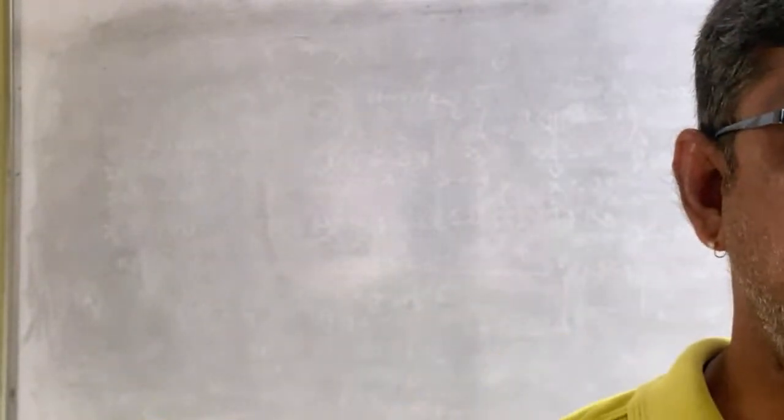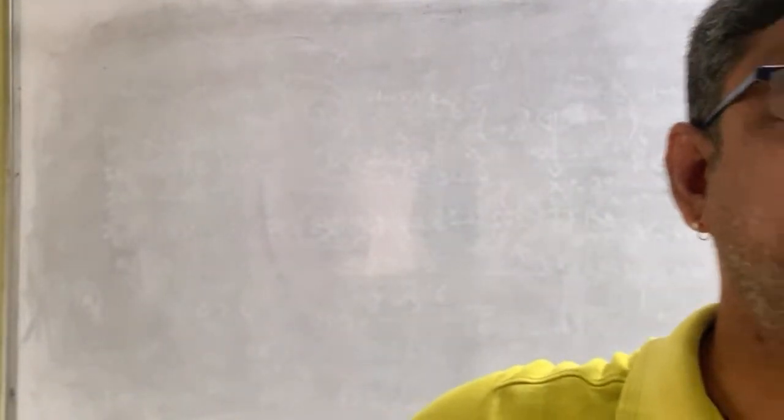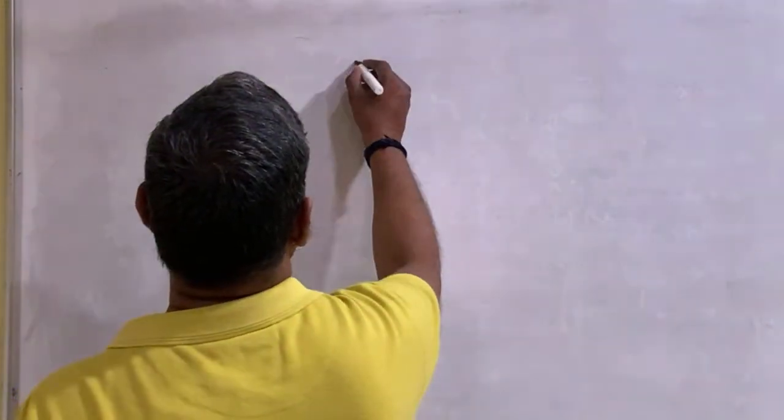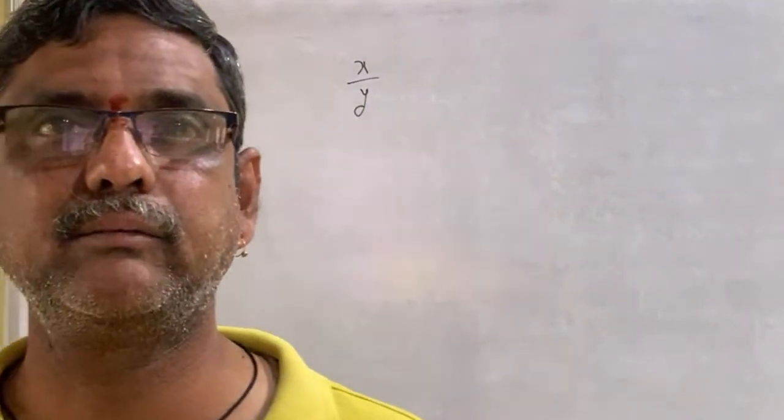Now, fifth question. A fraction becomes 9 by 11 if 2 is added to both numerator and denominator. So, at first, let the fraction be x by y.